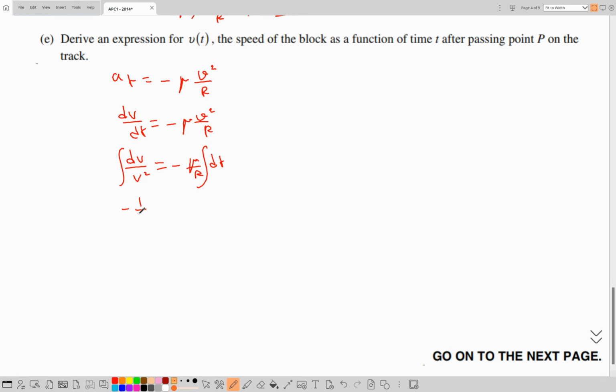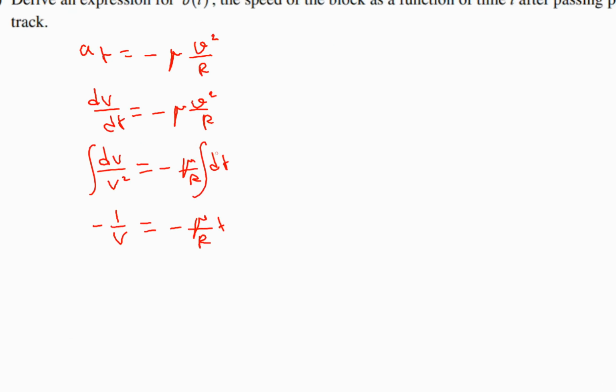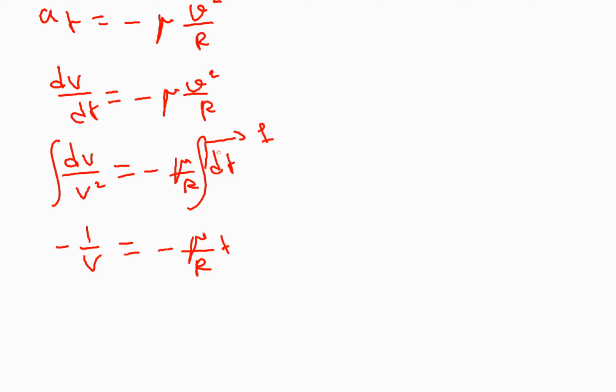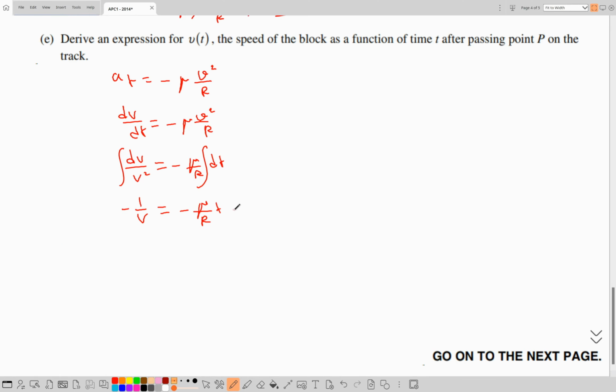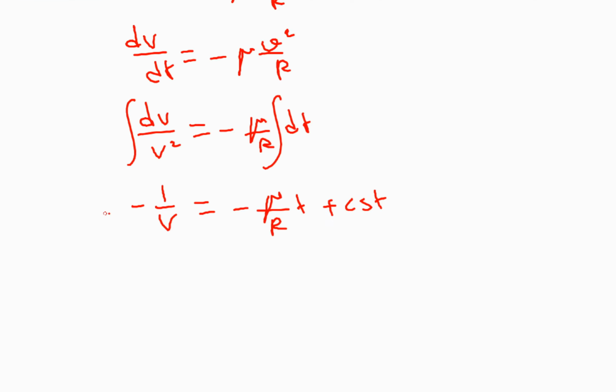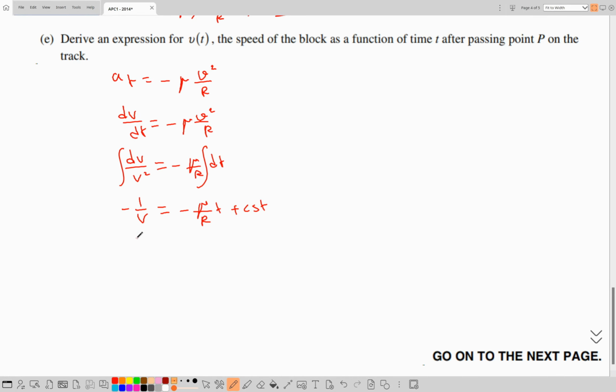Now here I'm not going to add the constant because I will integrate also on the right-hand side. The integral of 1 is just t, because we're integrating with respect to t, plus a constant that we need to fix based on the initial conditions. Now multiplying the equation by a minus sign, the constant won't be affected. That would be 1 over v equal to mu over r times t, plus this constant again.